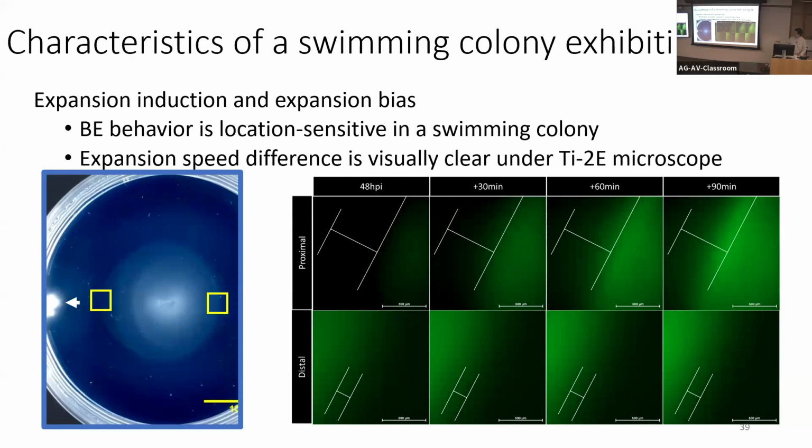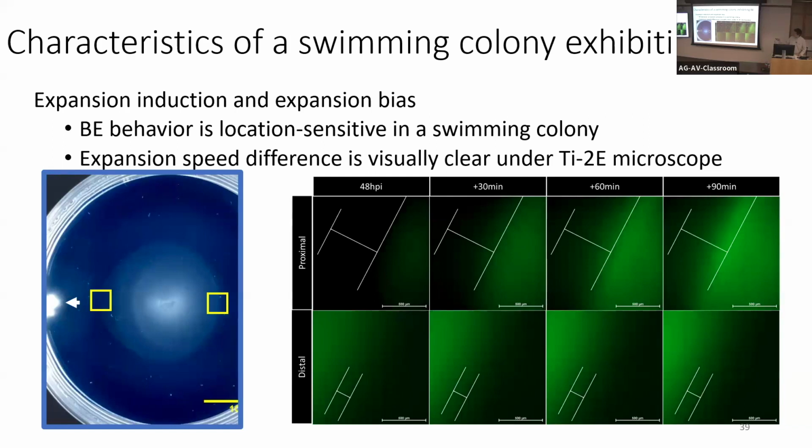You can see that the disease-resultant here is tagged with GFP. And on the proximal edge, you have faster growth. The intensity changes a lot over the 90-minute course, whereas on the bottom, there's not much.